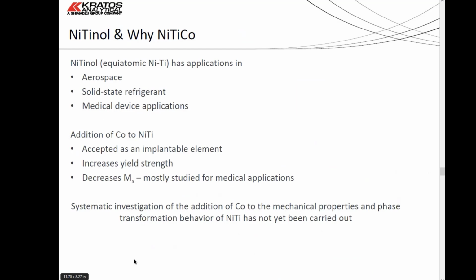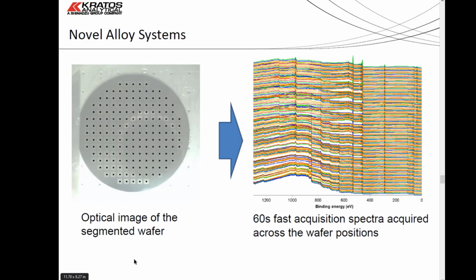As I said, nitinol has nickel, titanium, cobalt in it. It's used in a few different applications. Of particular interest is the addition of cobalt. It changes the material properties significantly, and also its reversibility process. In this project, the cobalt hadn't been looked at significantly, but it wasn't the only element. There were other top row transition metals being looked at as well for this transformation.